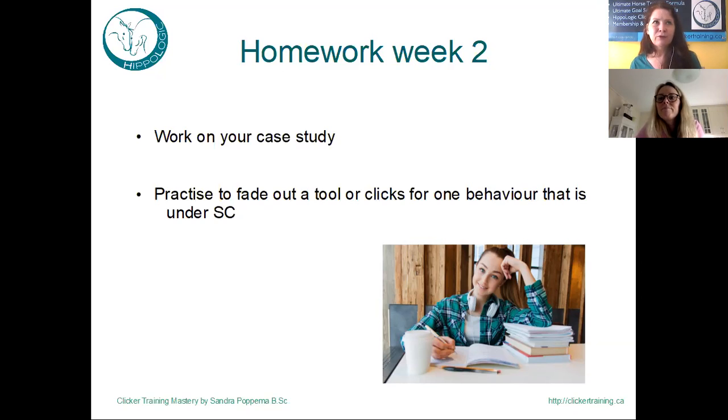For what key lesson do I still click? Try to fade that out. And the goal is to practice fading it out, to become aware. Where do you click too much? Where do you still rely on your tools where the behavior is already established? So the goal is to practice fading out.